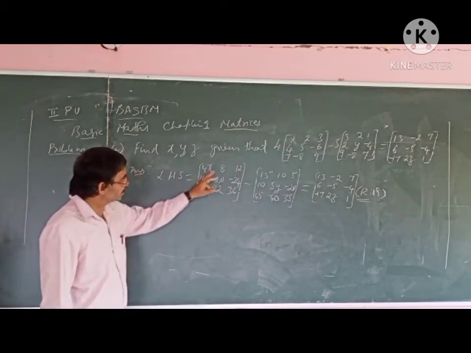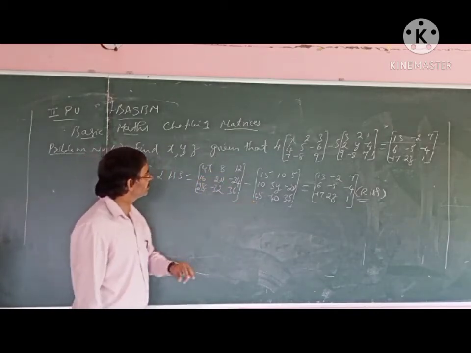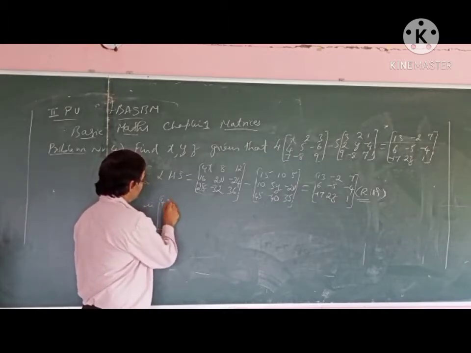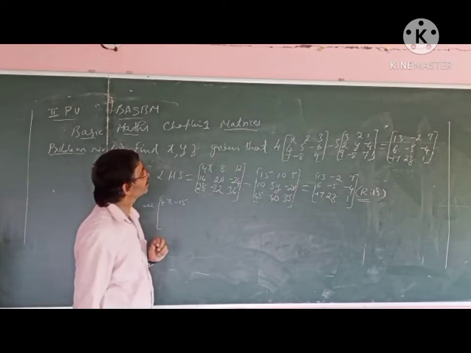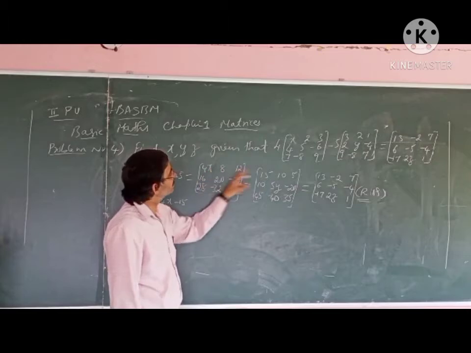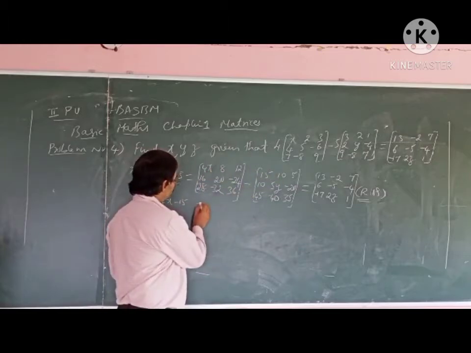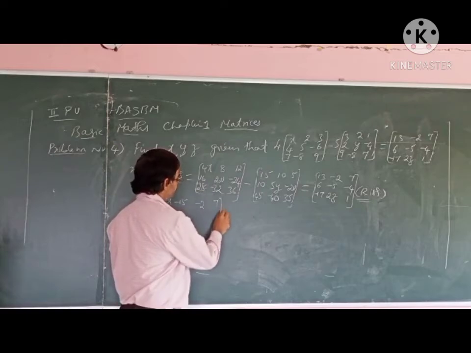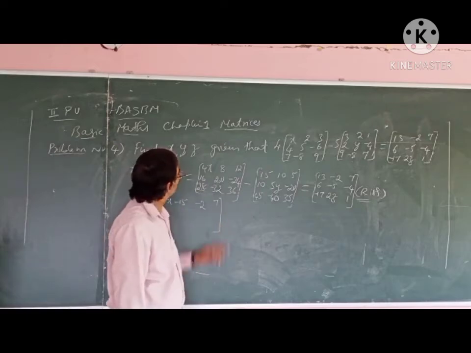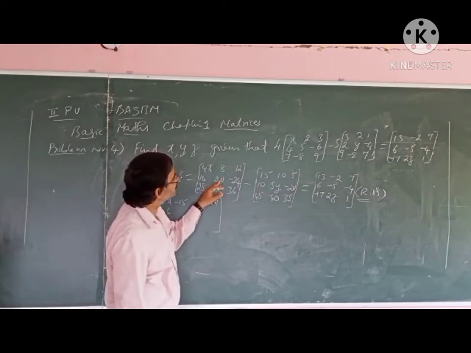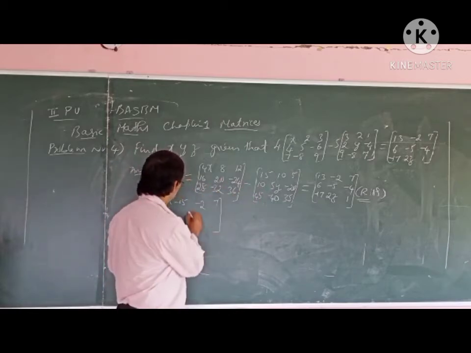Now simplify this, subtract one from the other, corresponding elements. 4x minus 15 first. Next, 8 minus 10, so minus 2. 12 minus 5, 7. Next, 16 minus 10, 6. 20 minus 5y.